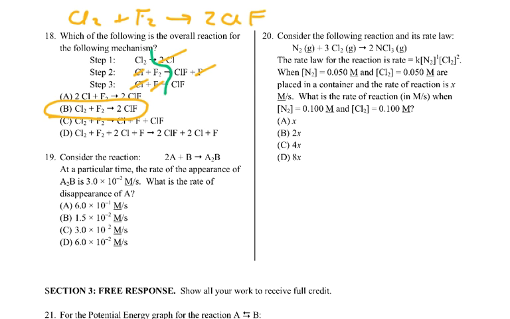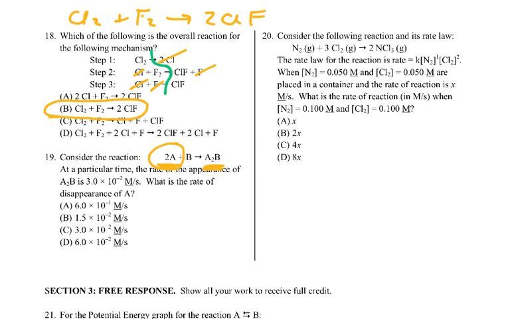19. Consider this reaction. At a particular time, the rate of the appearance of AB2, this one, is 3 times 10 to the minus 2. So what is the rate of disappearance of A? Okay, well, I can see that since it's 2 to 1, this rate is going to be twice the size of this rate.